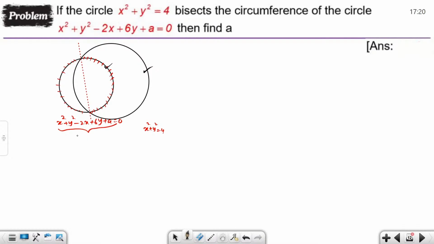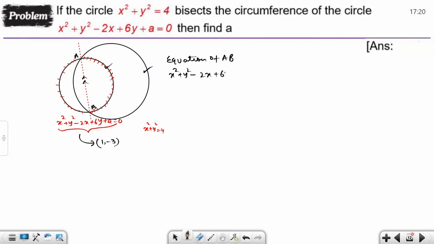Now the question is, what is the center for this circle? The center for this circle is 1, minus 3. And what is the equation of this common chord or radical axis? Let me just give a name. Let us say this is my AB. So this is actually the equation of AB.